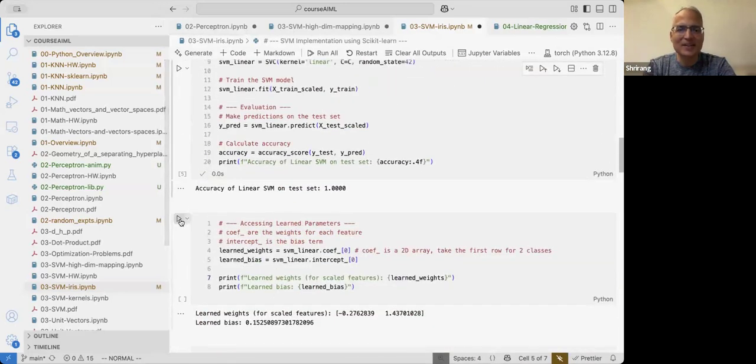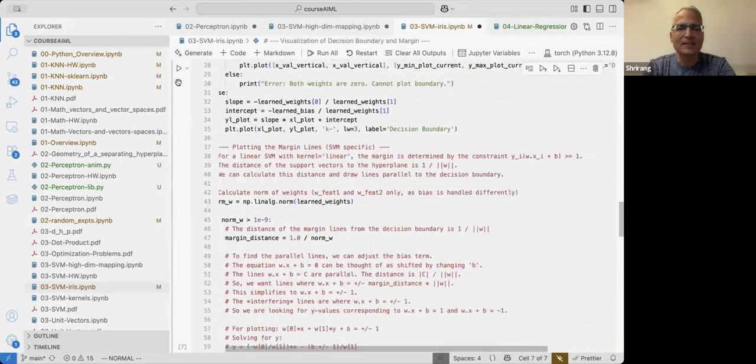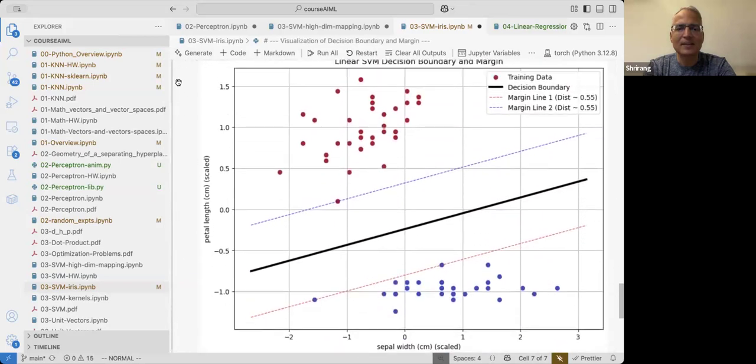Let's see if these change. Yeah, they did change. And now if I visualize this, there you go. That point now becomes the support vector. And of course, we saw with one, this guy was the support vector, and this guy was inside the margin.